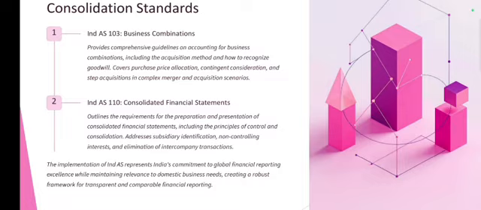Okay, so let us have a quick recall about these Ind AS and Indian International Financial Reporting System. To conclude, the implementation of Ind AS shows India's strong commitment to the global financial reporting standards, and it also ensures that Indian companies remain transparent, comparable, and globally competitive.